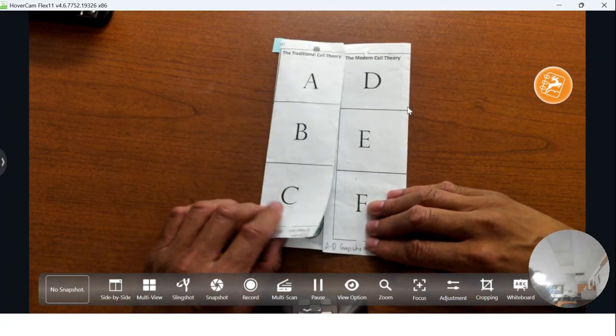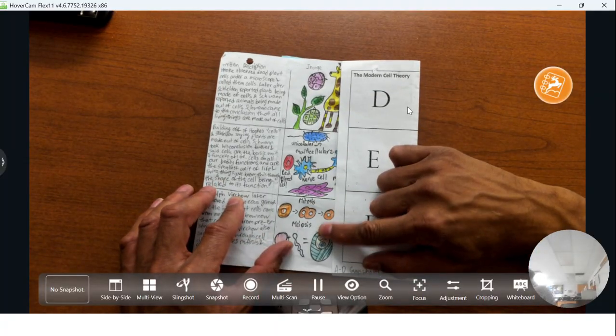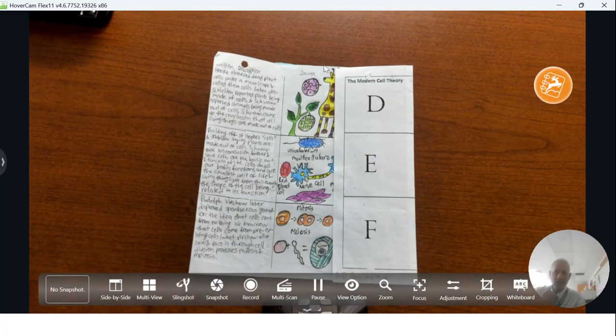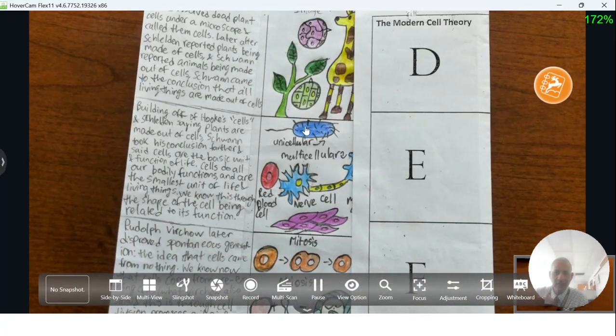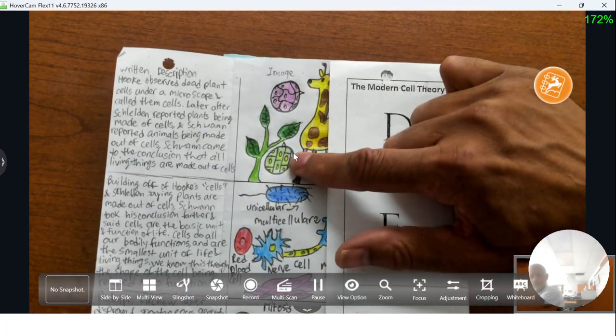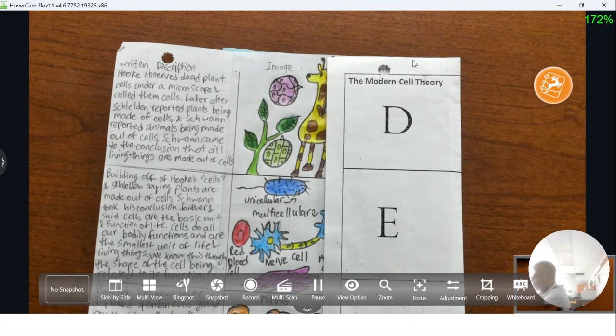Couple more. Now, this one, so here's A, B, and C. What I like about this one, and like I said, all the kids got to really run with this. So for A, again, this is A, all living things. So they show you a zoom in of a microscope work, which is what Schleiden and Schwann were doing.